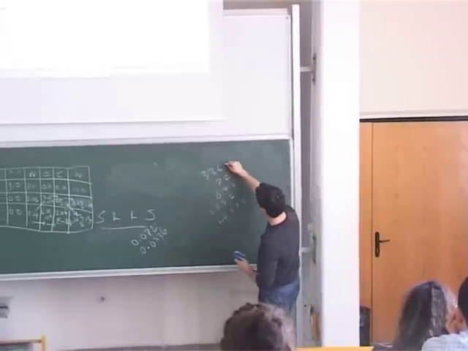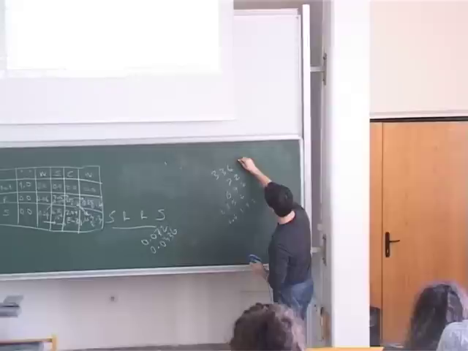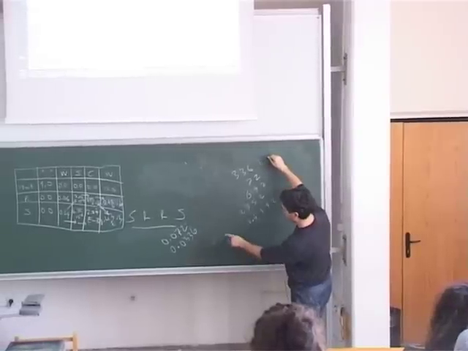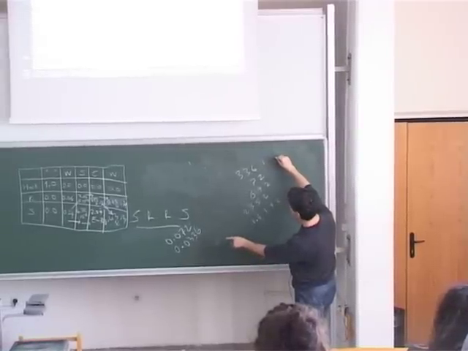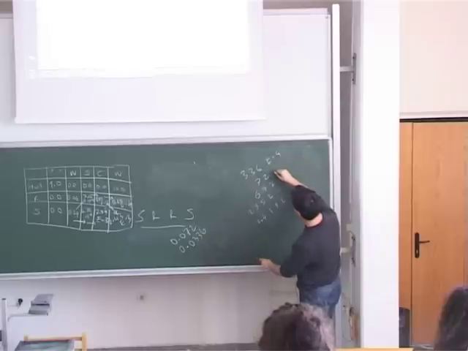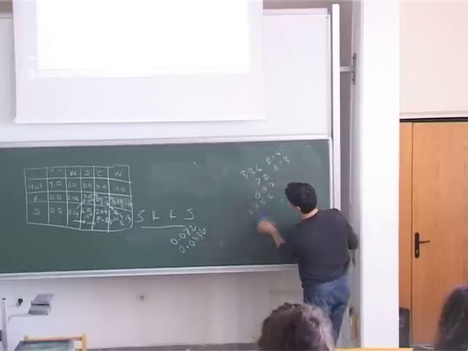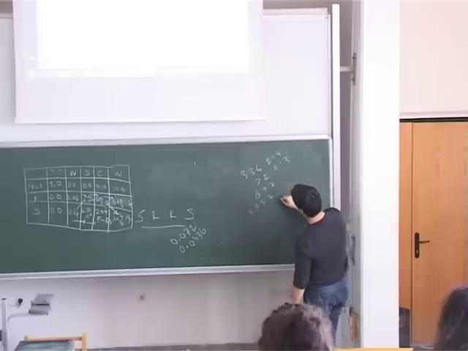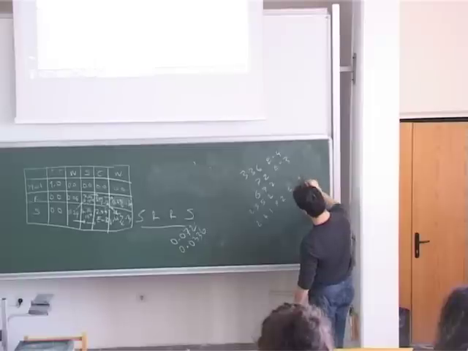So it's this one times 10 to the minus 4. So this is e minus 4. This is e minus 3. So the final value is this one, e to the minus 7.